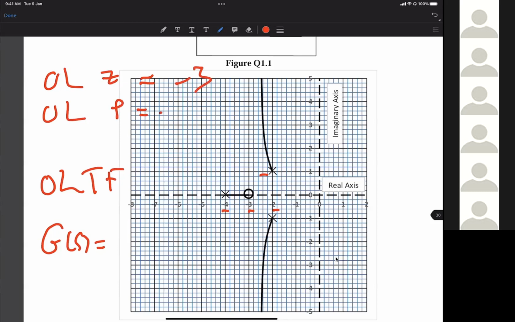The open loop zero is -3, and the open loop poles are -4, -2 plus or minus j1. From here we construct the open loop transfer function, which is s plus 3 over s plus 4, s plus 2 plus j1, s plus 2 minus j1.